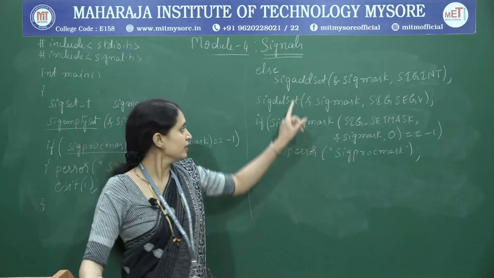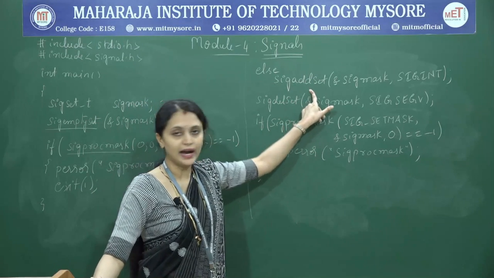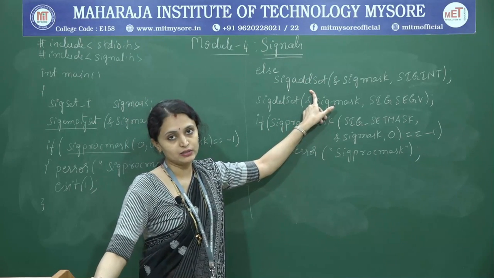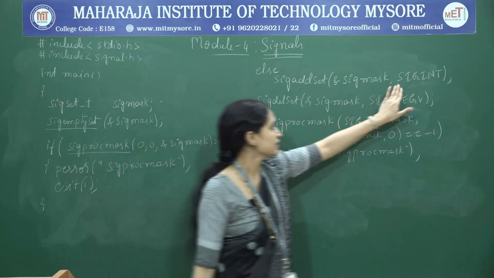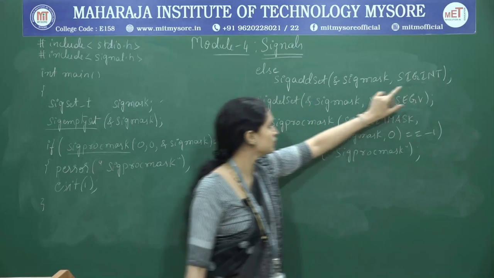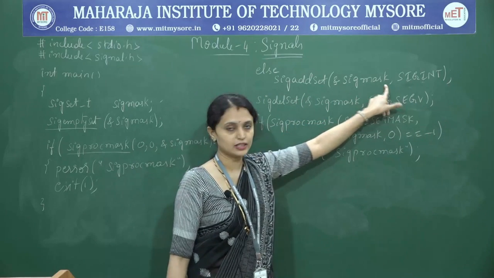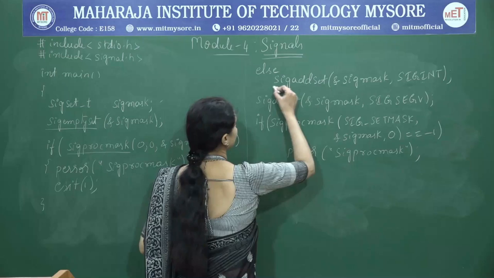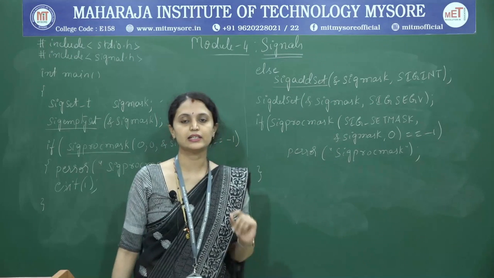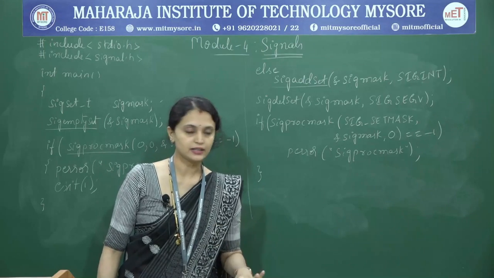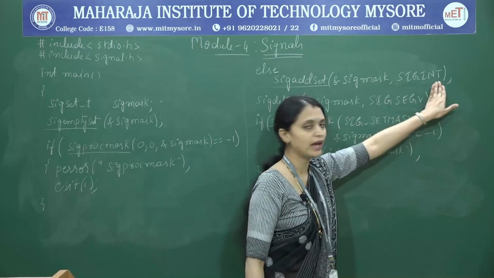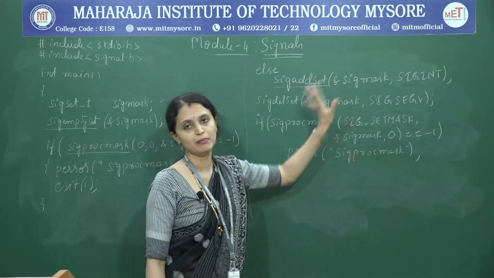Here I am setting the SIGINT flag to the signal mask. So I am again invoking the API sigaddset. This API will set the SIGINT flag to the signal mask.